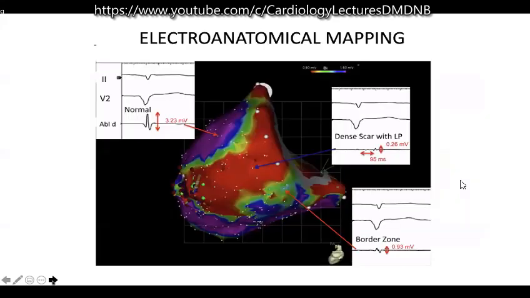So what am I going to do with this? One more aid to our mapping strategy is what we call electroanatomical mapping. You must have seen all these colorful figures. I am going to measure the voltages, how much voltage these areas have, and I am arbitrarily going to divide these areas into a scarred zone. A scarred zone is nothing but when the voltage is less than 0.5.